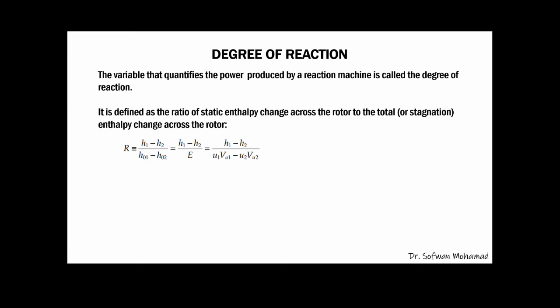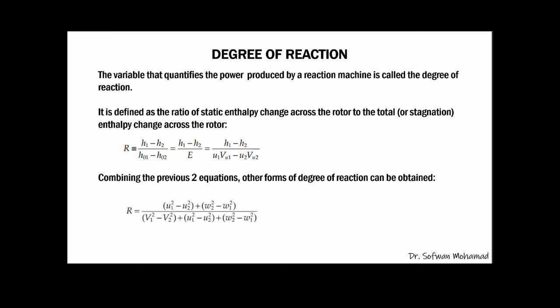So we can rewrite the reaction using the total enthalpy E, capital E, or using U1 VU1 minus U2 VU2. Combining the previous two equations that we saw in the previous slide, we can get another form of degree of reaction, which is this one.